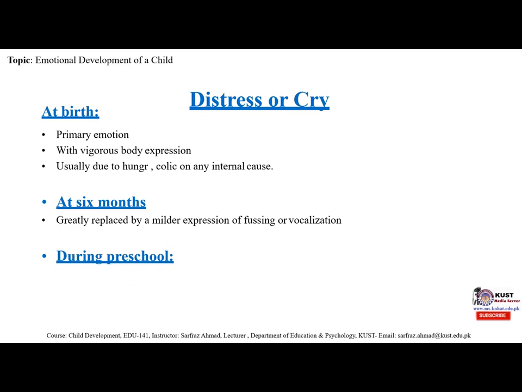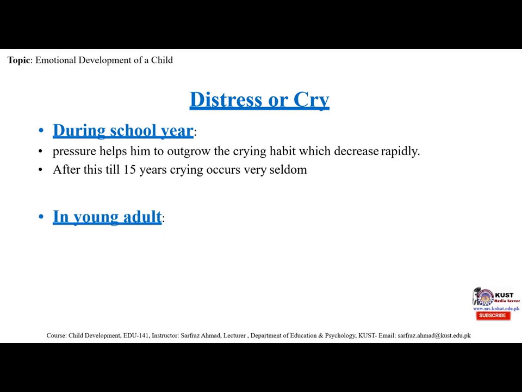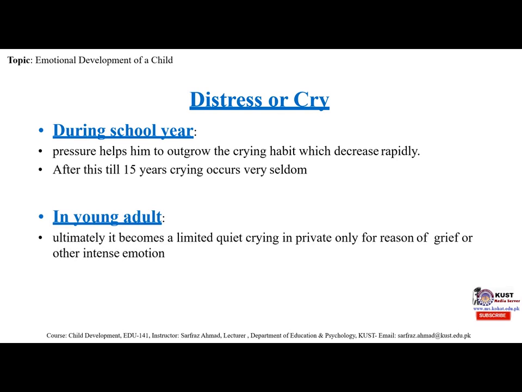During preschool age, crying is only for reasons of physical pain or when he is disappointed by his environment. During school years, pressure helps him outgrow the crying habit, which decreases rapidly. After 15 years, crying occurs very seldom. And at the age of young adults, it ultimately becomes limited to quiet crying in private, only for reasons of grief or other intense emotions.